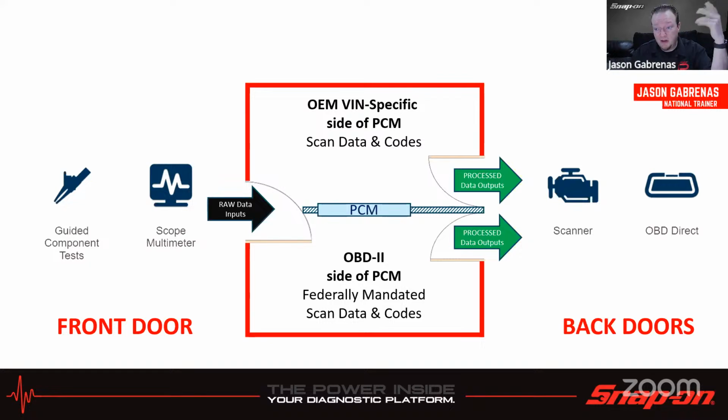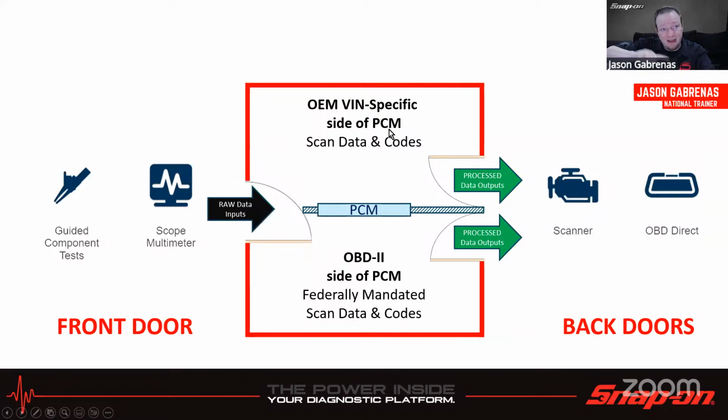It all depends. Have you ever scanned a car all the way through and found no codes on the OEM side, but the engine light was still on? And then when you went in with the OBD2 side, or you went in with a code reader, you found two or three codes. That happens because of those different thresholds. So if I'm going to go in on a Snap-on tool and go in where it says scanner, that's going to be my OEM VIN specific side.